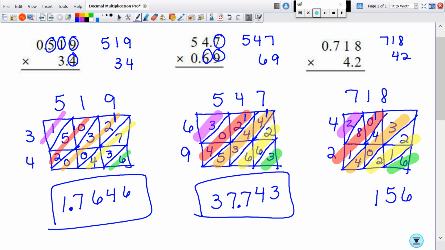Carry the 1. 1 plus 0 plus 8 plus 1 is 10. Carry the 1. 1 plus 2 is 3. I had 1, 2, 3, 4 numbers after decimals in my problem, so I've got to have 4 total numbers, 1, 2, 3, 4, in my answer.